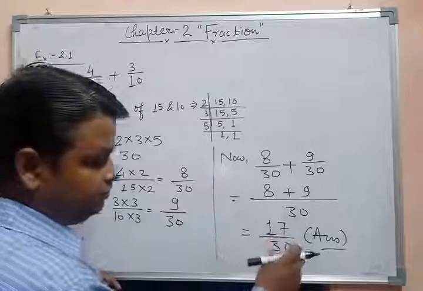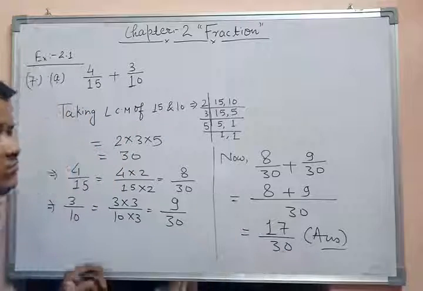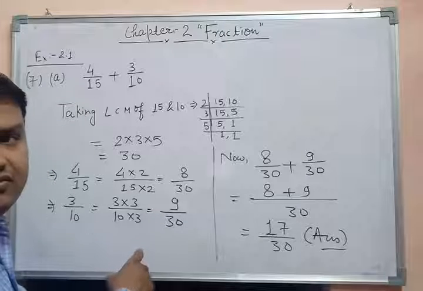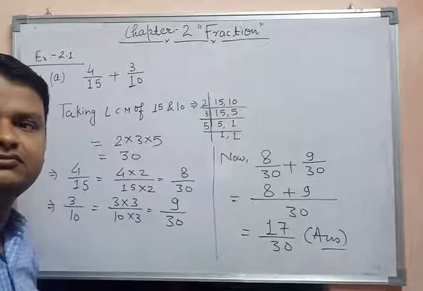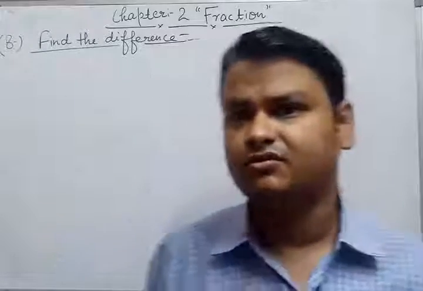So you have to write this answer as it is. Okay students, this is the solution of this question. Pause the video to note it down in your copy or take a screenshot. Moving on to the next question.